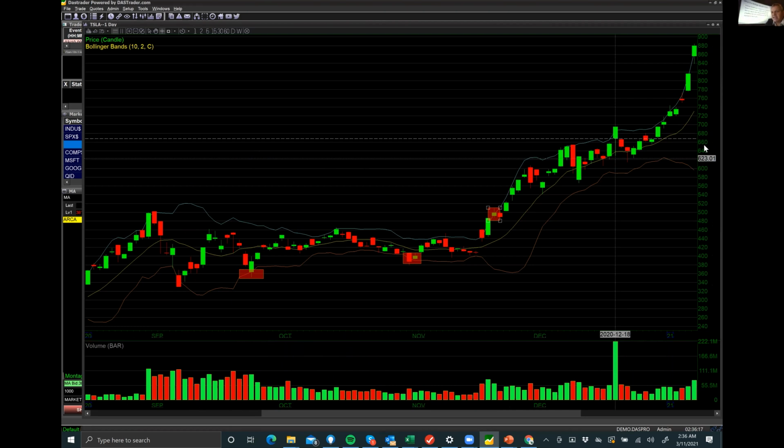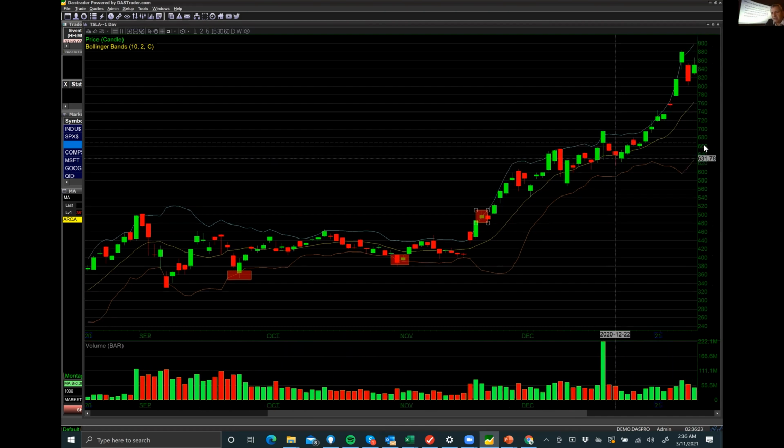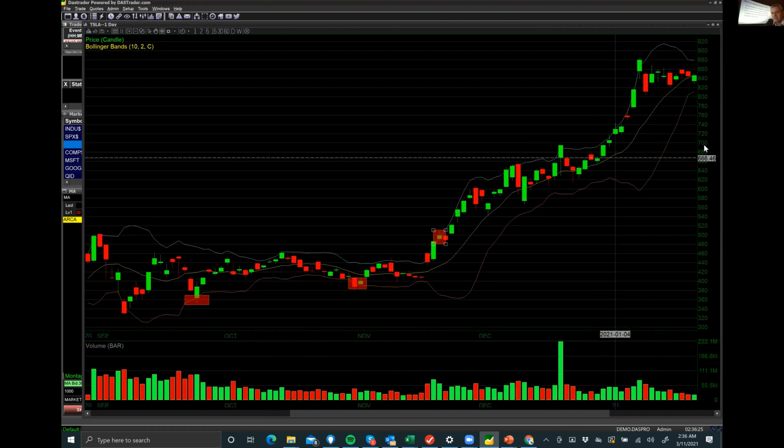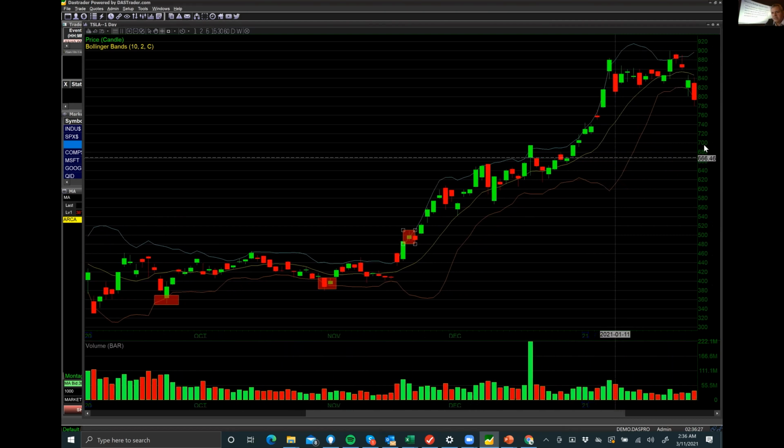So as long as price stays above the middle line after a trend is established, you're technically supposed to stay in. Until here.